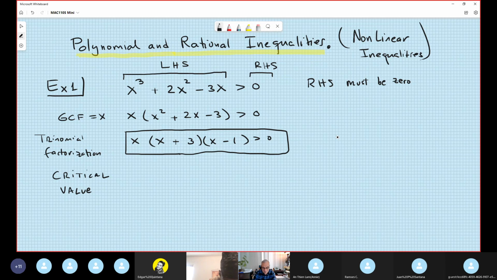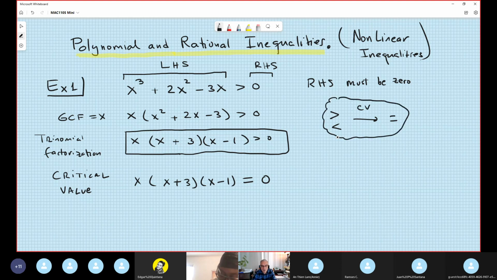Critical values are the points that help me to solve the inequality. How do you find that? Well, easy. You copy again our original inequality, but as an equation, not as an inequality. Doesn't matter if it is greater than or less than, you replace it by equal to find the critical values, CV.